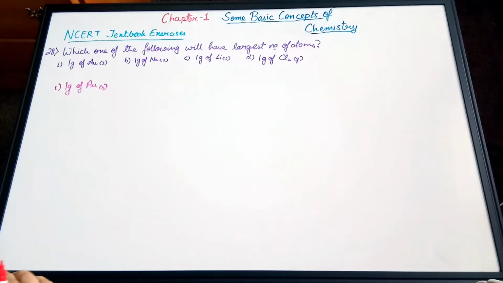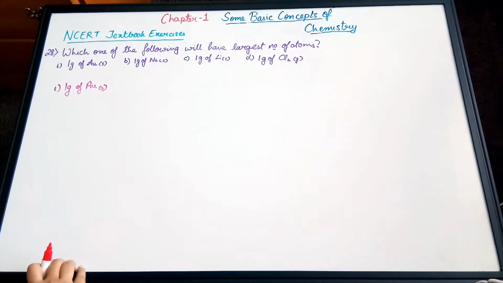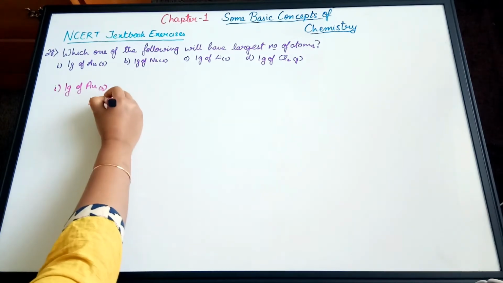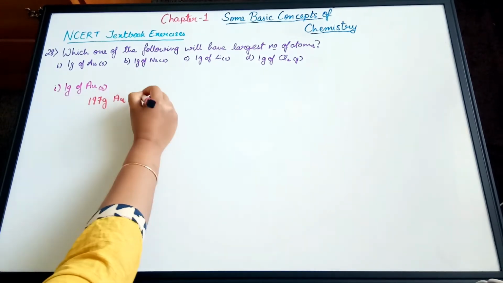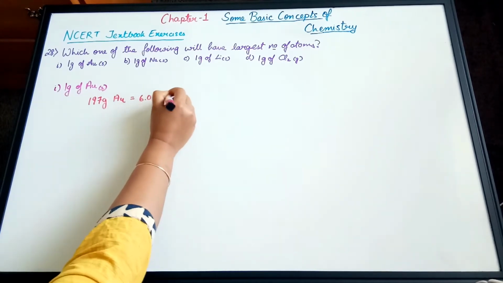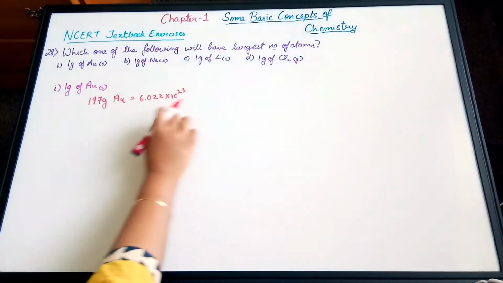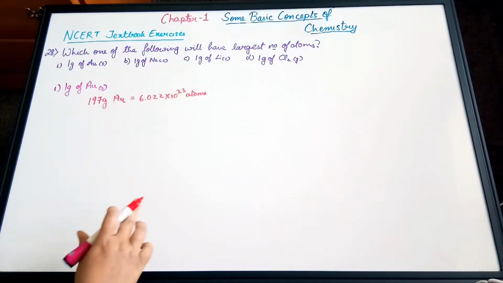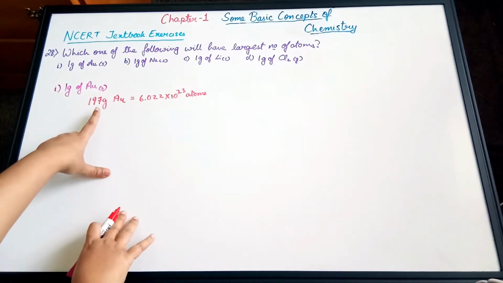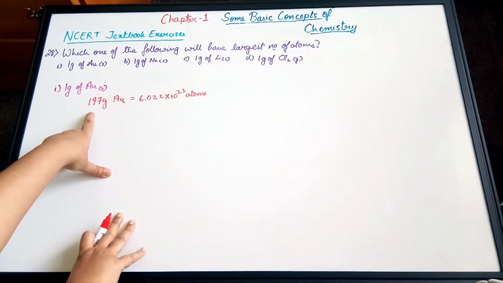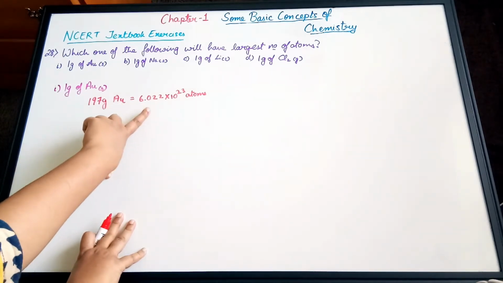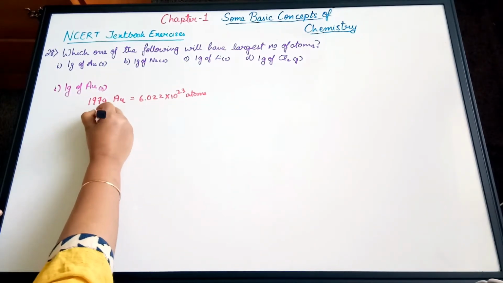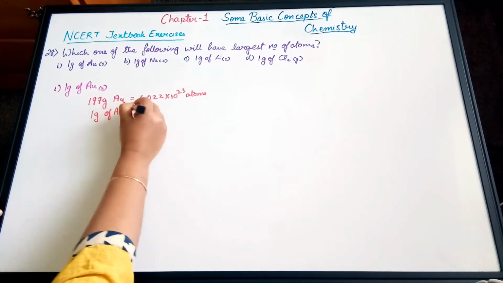From the basic idea of mole, we know that 197 grams of gold will have 6.022 into 10 to the power 23 atoms. This is because Avogadro's number is equal to the gram atomic mass of that particular substance. So 197 grams of gold will have 6.022 into 10 to the power 23 atoms. Then 1 gram of gold will have how much?